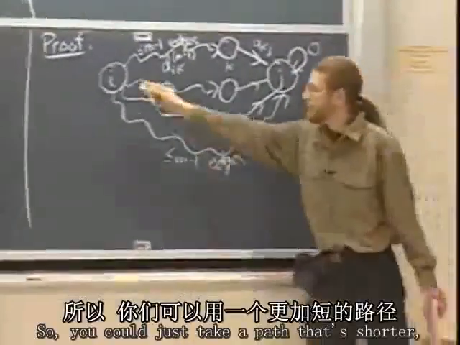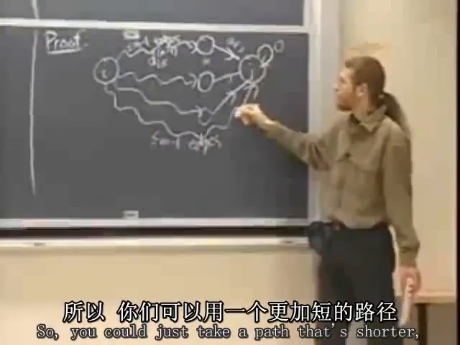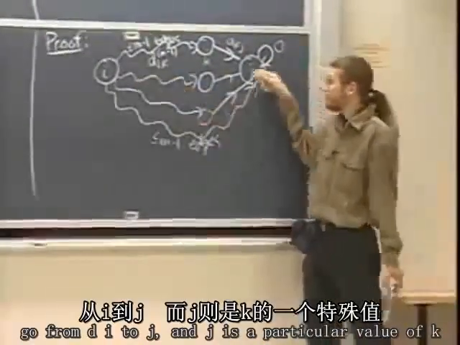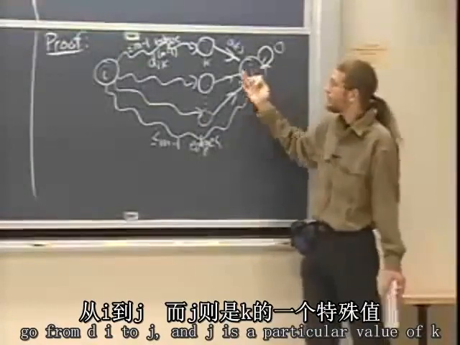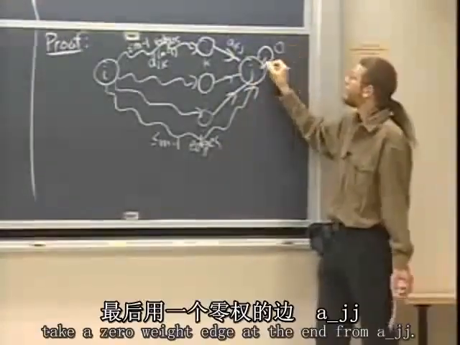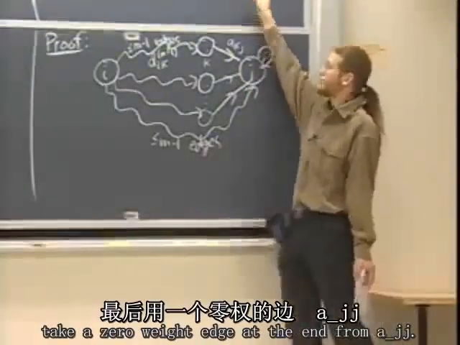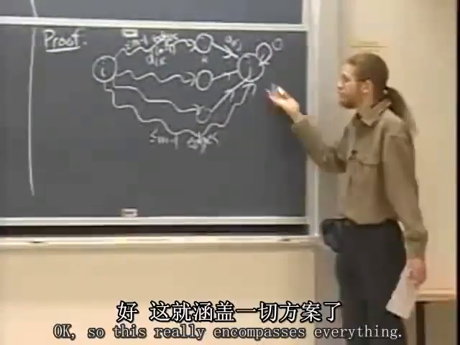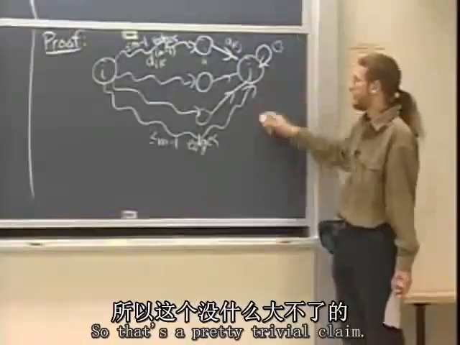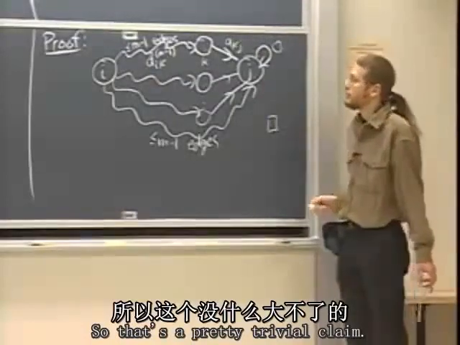So you could just take a path that's shorter, go from i to j, where j is a particular value of k we might consider, and then take a 0 weight edge at the end, a_jj. Okay, so this really encompasses everything, and so that's a pretty trivial claim.